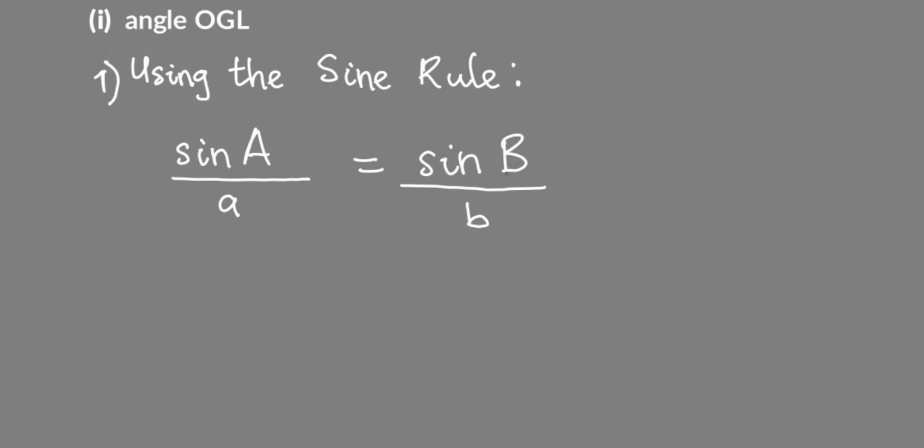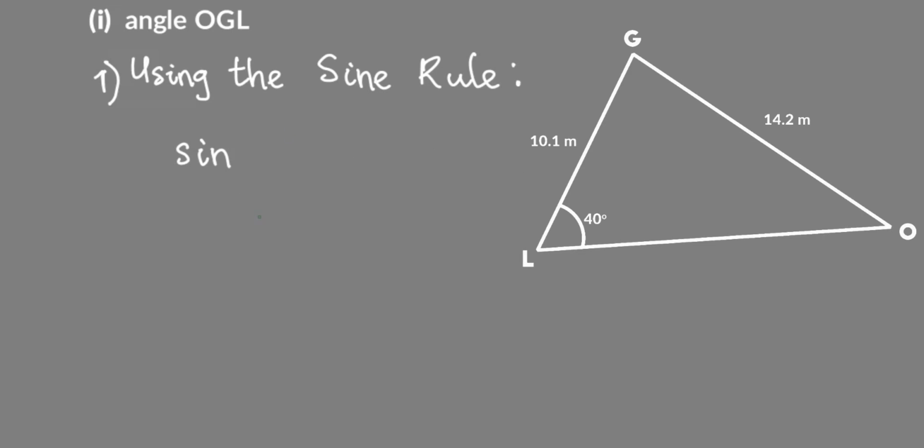However, it would be better that you replaced these letters with the actual letters that are in the diagram. So let's rewrite this using the correct letters. Instead of saying sine A, we're going to say sine L. I would like you to start with those values that you have already.